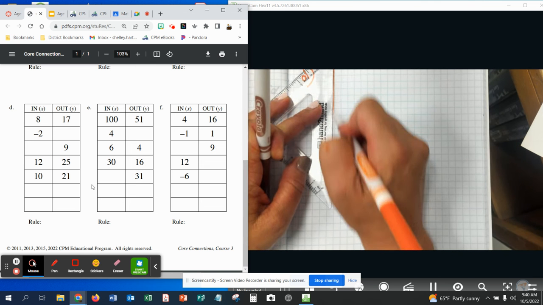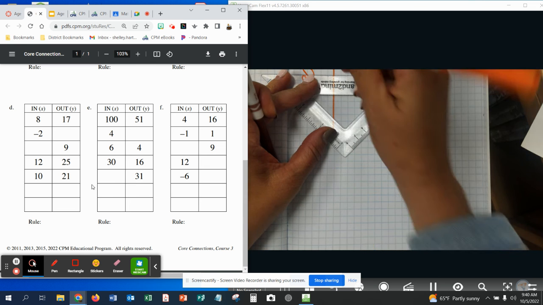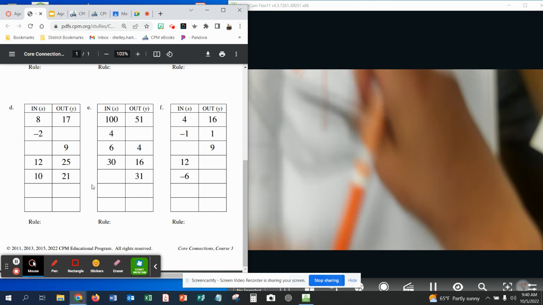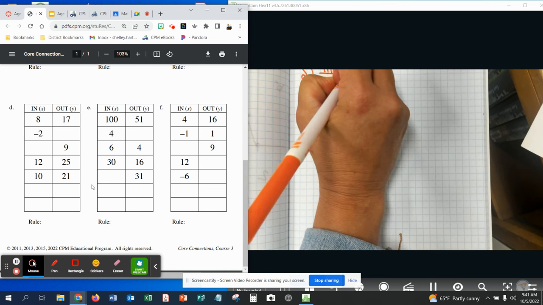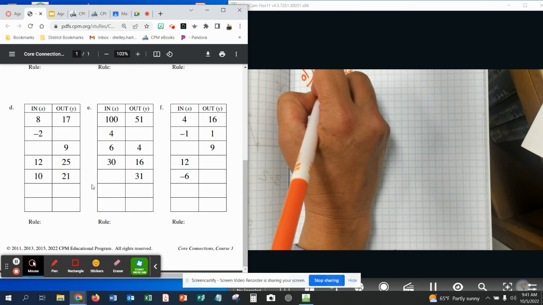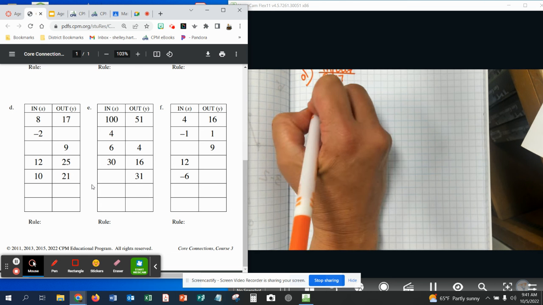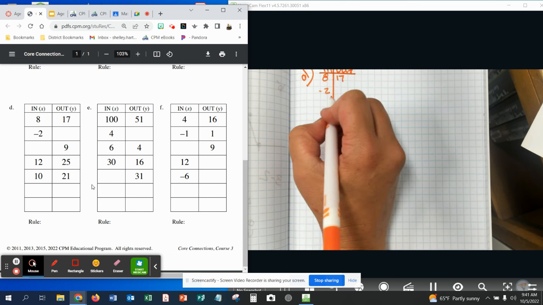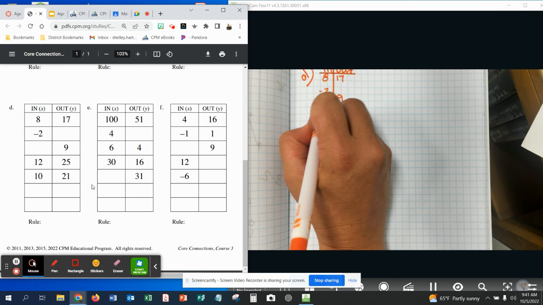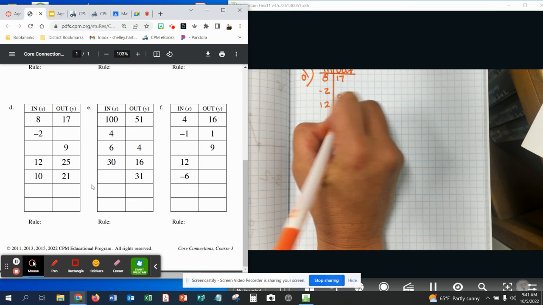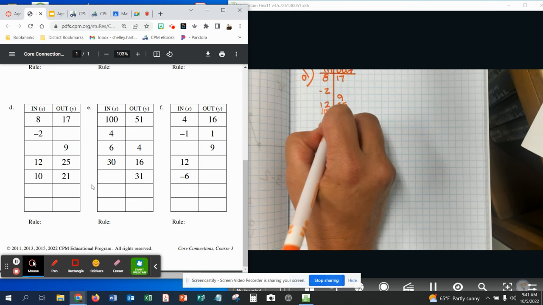X and Y table. Okay, so we have 8 and 17, -2, 9, 12 and 25, 10 and 21.